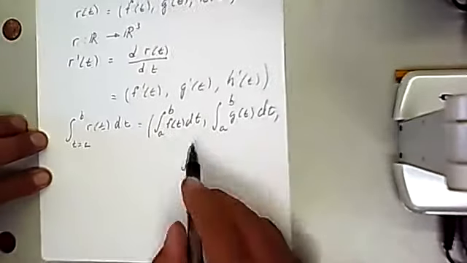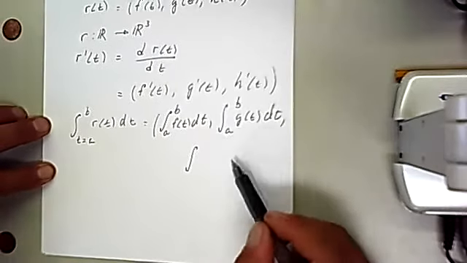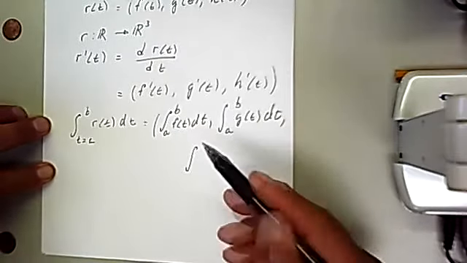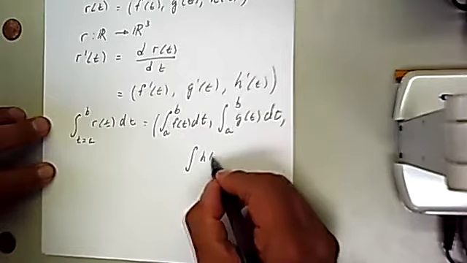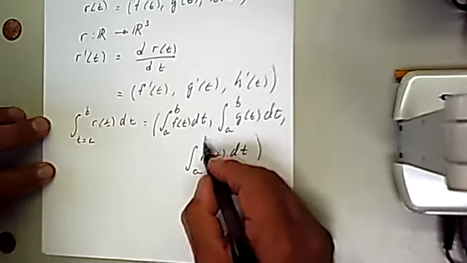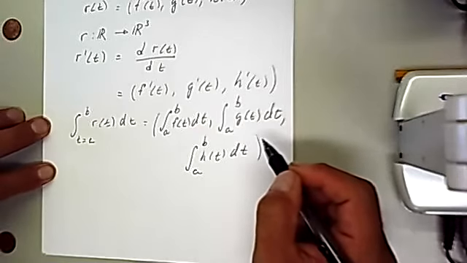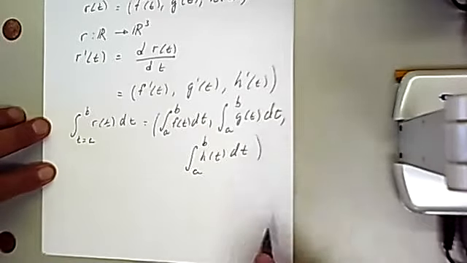I didn't have enough room to put all three components in one line, so the last component has to go down here, h of t dt, close parenthesis, from a to b. So derivatives and integrals operationally are very straightforward.